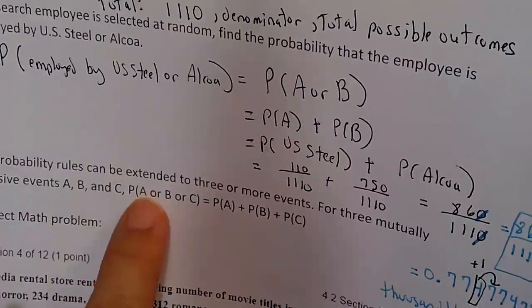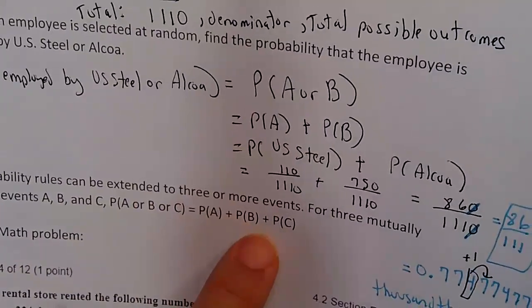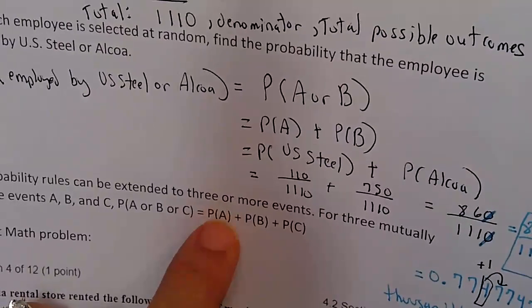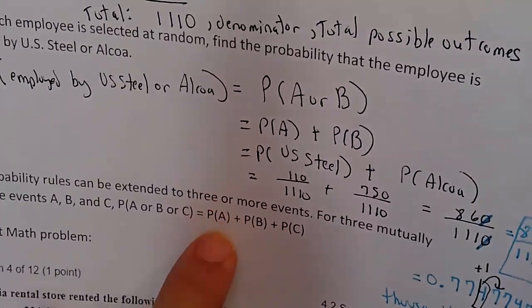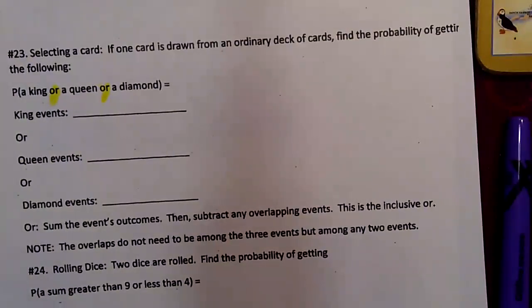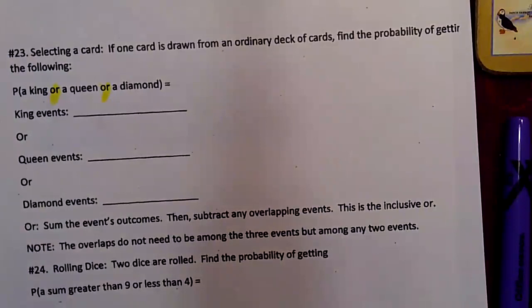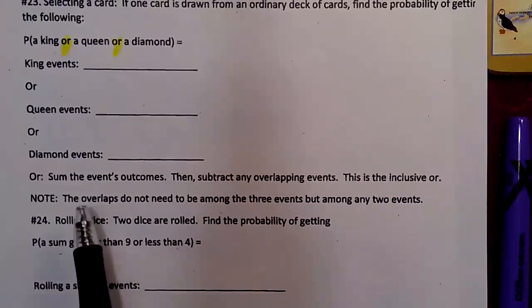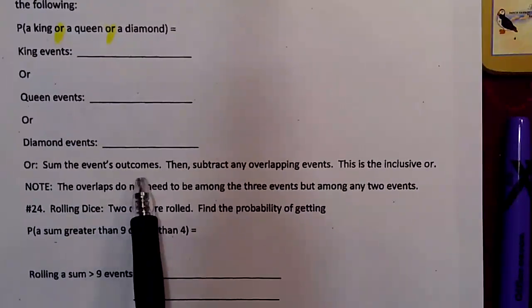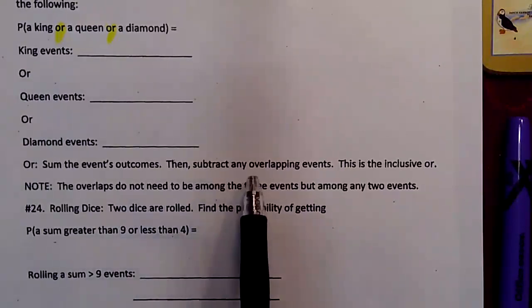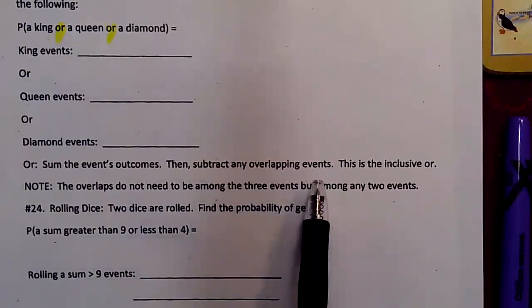There's or, but this example here didn't have any subtractions, no overlaps. So I think when we do this problem, though, we're going to have addition rule number 2. I believe we're going to have something to subtract. With this or you would sum the events, the outcomes, and then you would subtract any overlapping events if you have them.